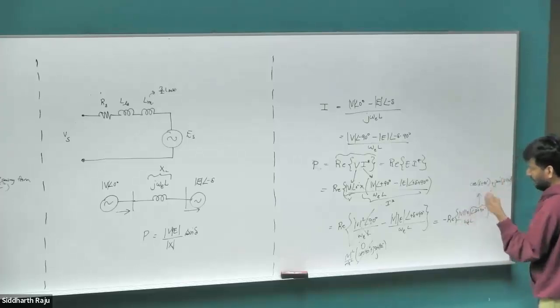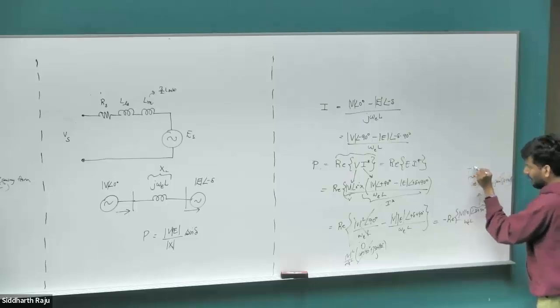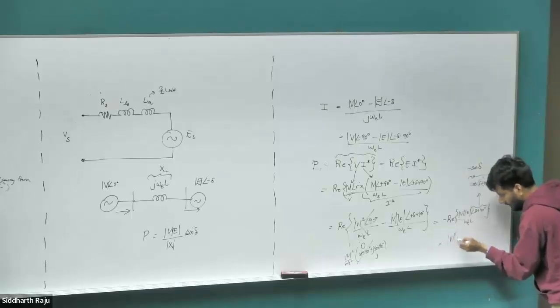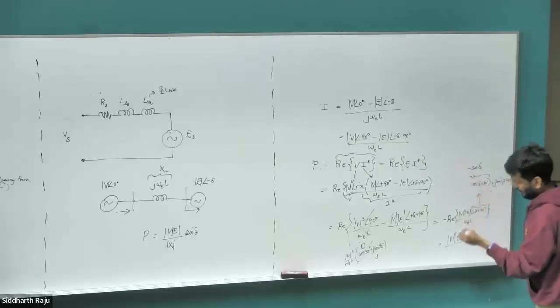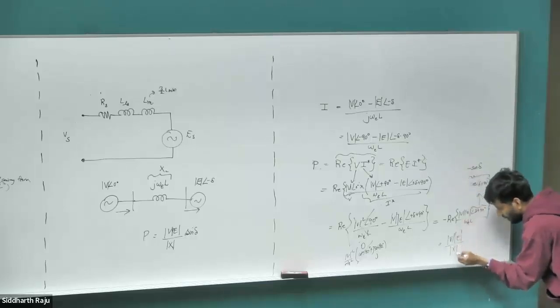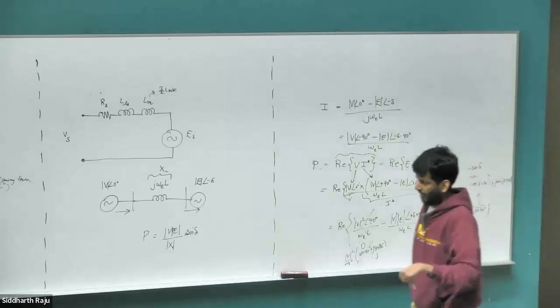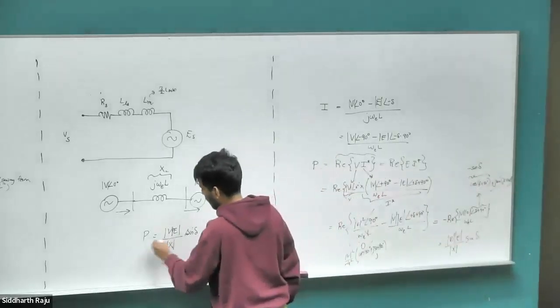We have cos of 90 plus delta, which is the same as negative sine of delta. This negative and the negative outside get cancelled. All you're left with is V times E divided by omega E times L, which is the magnitude of the reactance, times sine of delta. So that's how we get this angle for the power expression.